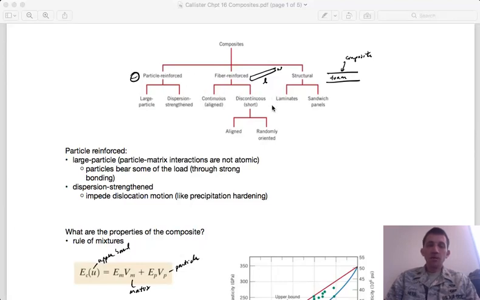And for the fiber reinforcements, the key thing here is alignment of all of the different fibers, and also the relative length of these fibers. If they are a very long fiber, potentially spanning the full length of the part even, then you would say they're continuous versus discontinuous, where you would have shorter fibers that don't span the length of the part.